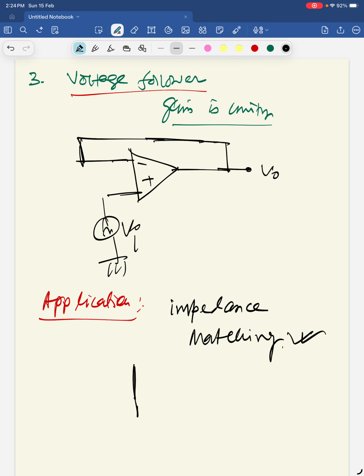Suppose this is a system connected to a low load. This is the load, and this impedance is low.